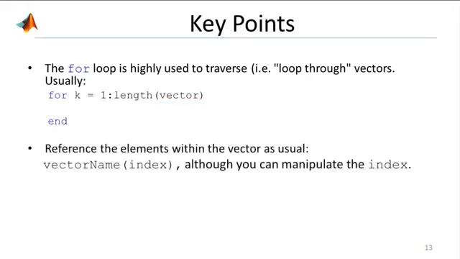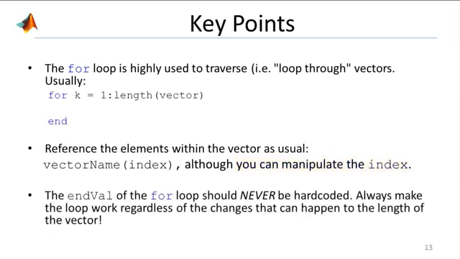To reference the actual elements within the vector, keep in mind it's what we've been doing. Vector name, and in parentheses the index. Again, today we had to manipulate the index to go k plus 1. You could do k minus 1, k plus 2, depending on the problem you're solving.